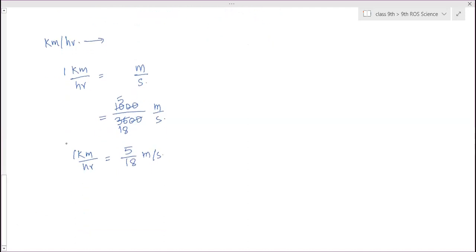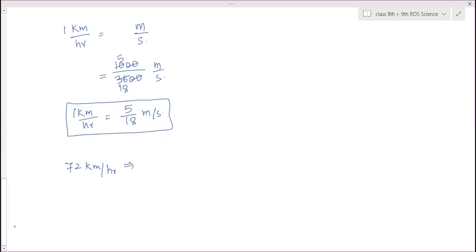So this is the unit of conversion. We do not have to convert it into decimals, because we have to use it further to find out different kilometer per hour values into meter per second. Just like if we have 72 kilometer per hour, speed given in the question, we need to convert it into meter per second.